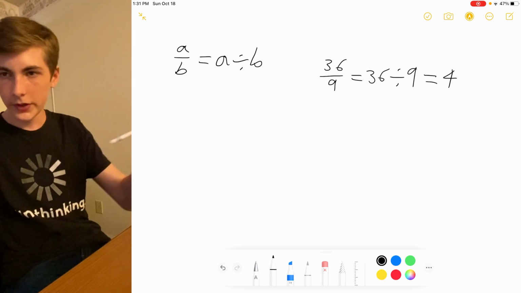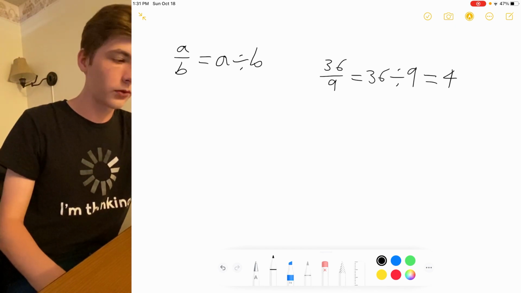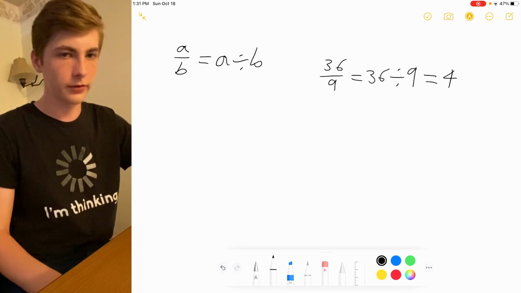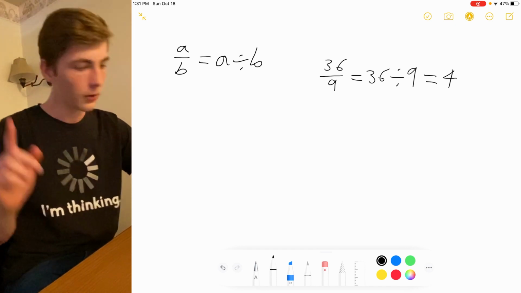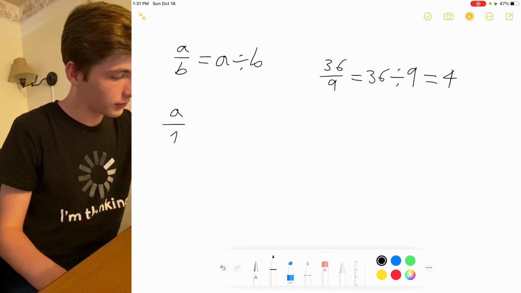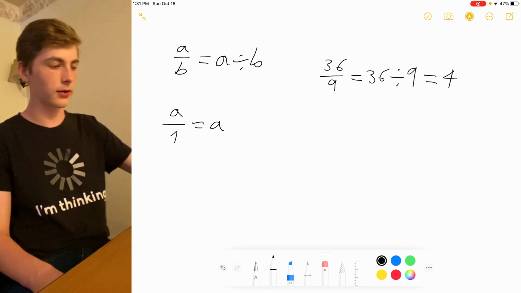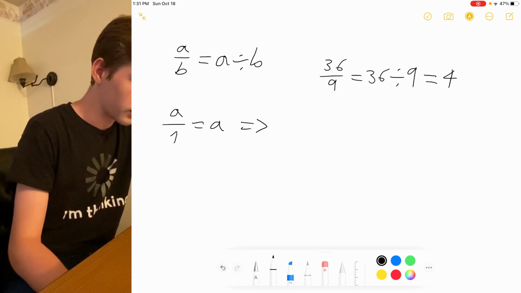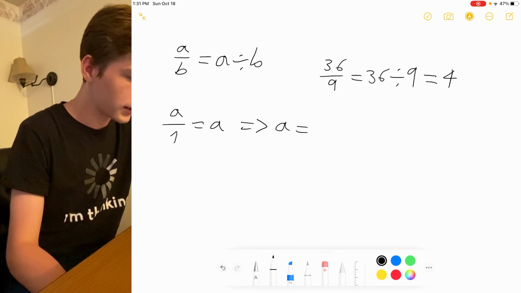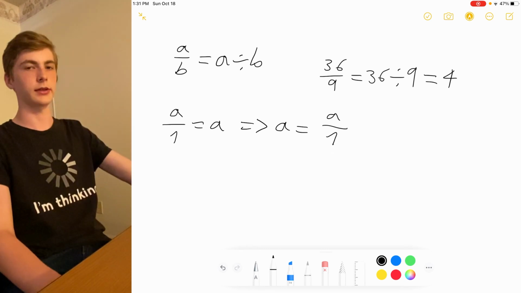The second thing is one of those special things, kind of like how we know a number over itself is 1. It turns out that any number over 1 in a fraction is actually just equal to that number itself. And also, we could write this backwards, saying any number is going to equal itself over 1 in a fraction, like this.